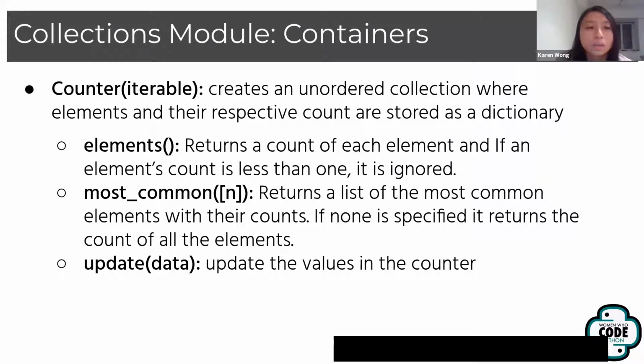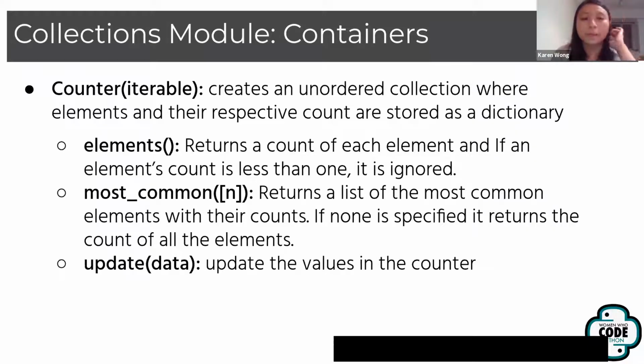We will be playing with one of the most popular functions, which is called Counter. Counter creates an unordered collection where the elements and their respective counts are stored as a dictionary.